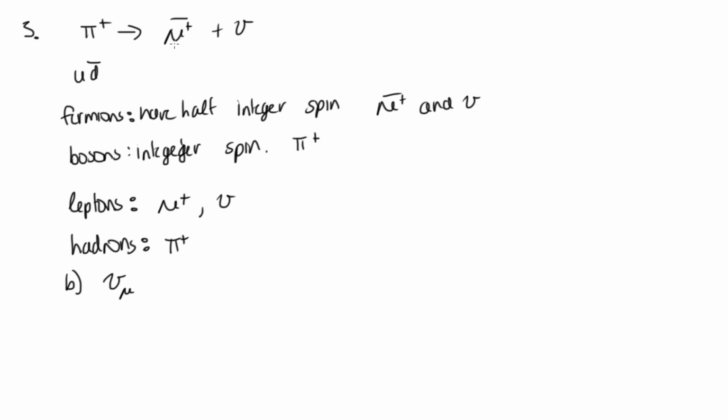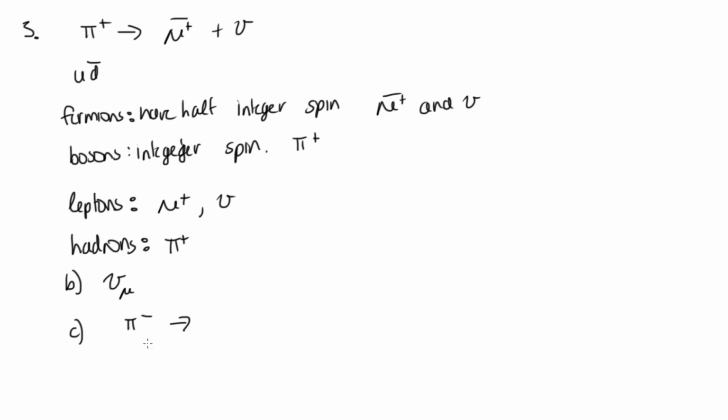If we create an anti-muon, we create a muon neutrino. Okay, part C, write down the equation for the decay of a negatively charged pion. So in this case, we have a negative pion. This is the antiparticle of this one, so we're going to get the antiparticles. So we get a muon created, and if we're creating a muon, we create an anti-muon neutrino.